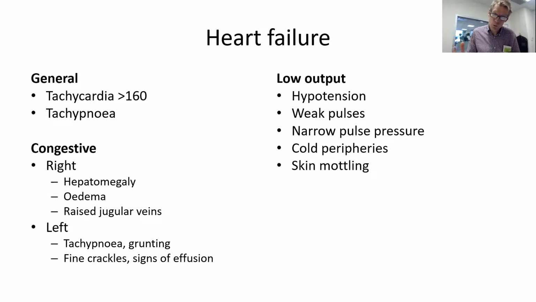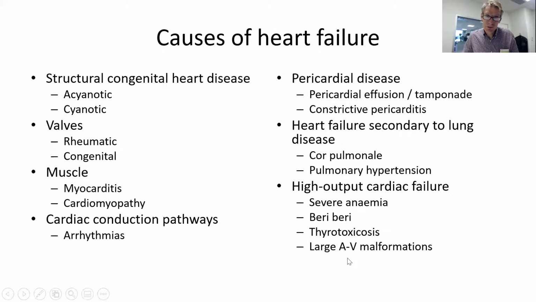And so they'll have all the signs. And so not only can the different signs tell us which part of the heart is most affected, the right side or the left side or both sides, but it can also tell us something about how severe the heart failure is, as in whether it's progressed to low output heart failure. And so I just want you to be able to make that distinction sometimes.